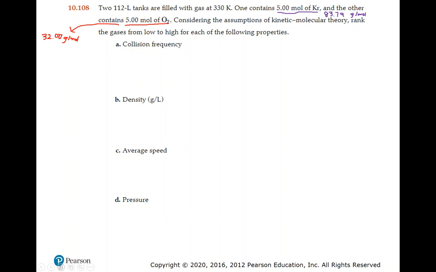So the oxygen is going to be moving around with a higher average speed per particle than the krypton will. So if we're ranking these from low to high, our krypton is going to have a lower collision frequency than our oxygen will. So oxygen will have a greater collision frequency here. So that's A.